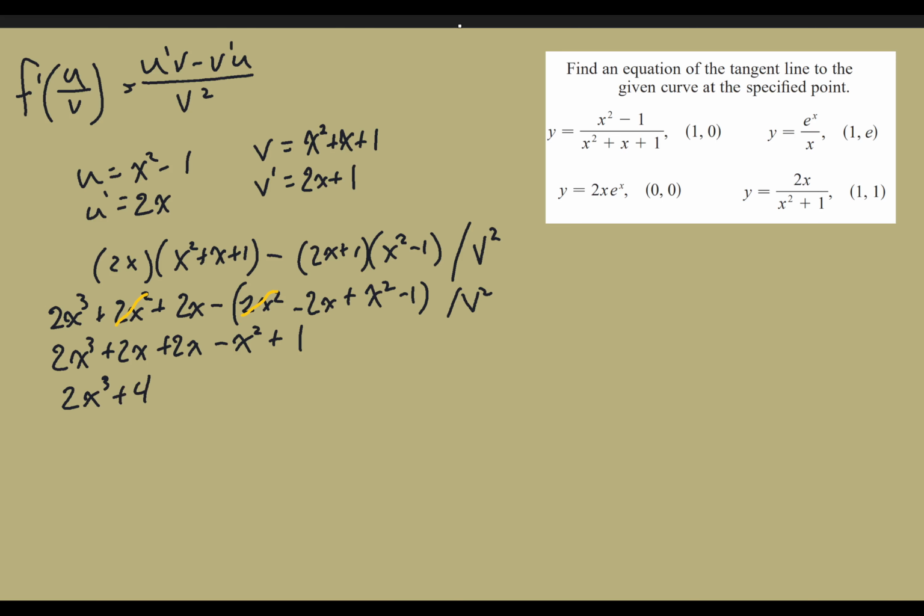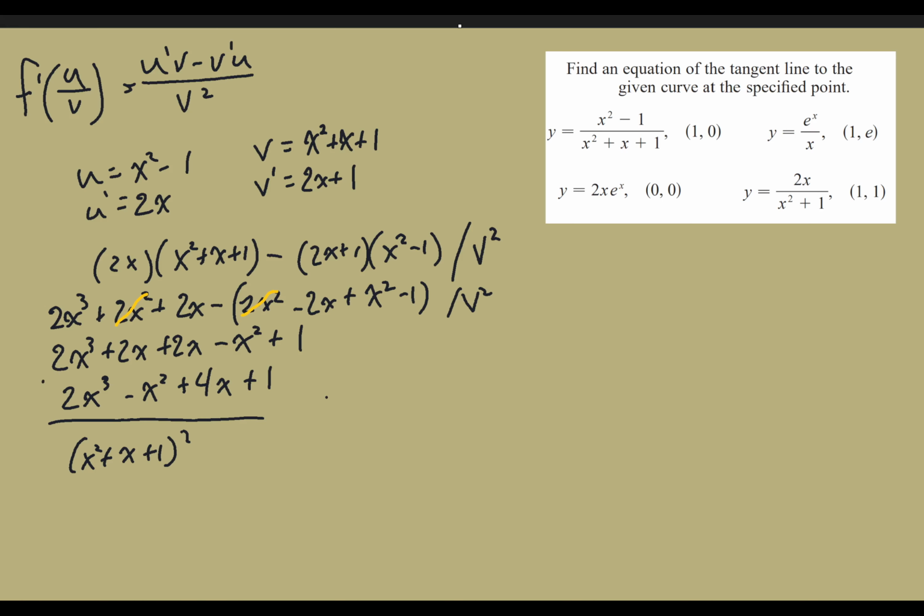In fact, let's just do it in degree order real fast. 2x cubed minus x squared plus 4x plus 1. And all of this is going to be divided by x squared plus x plus 1 squared. Now, can I factor any part of this out? It doesn't look like it. So we're going to say that this is our derivative here.